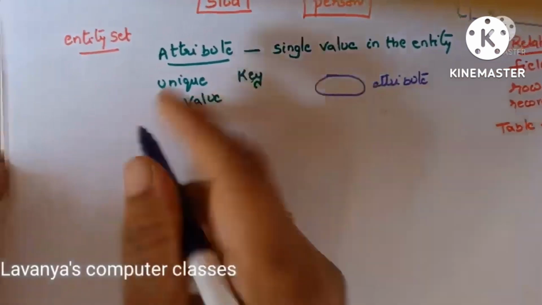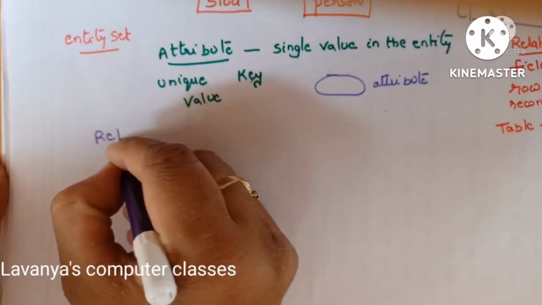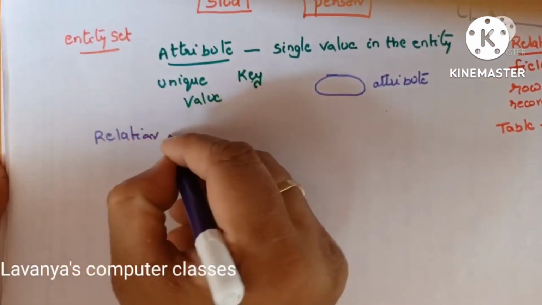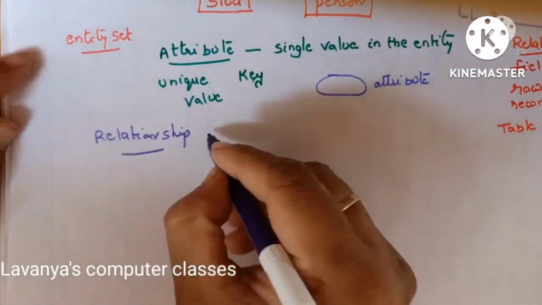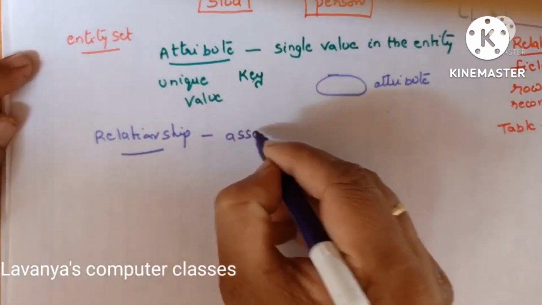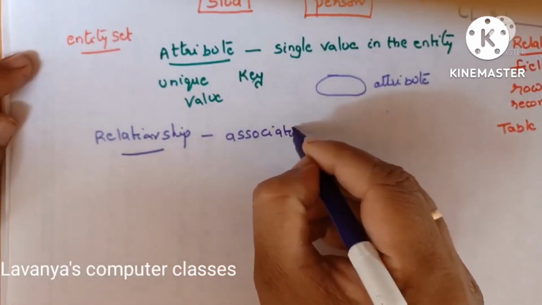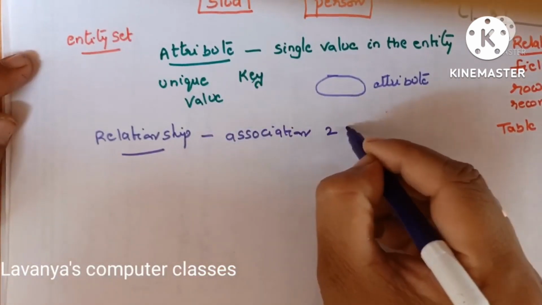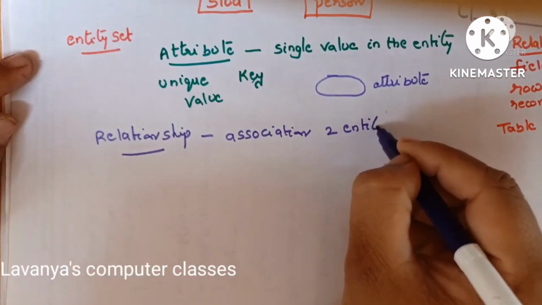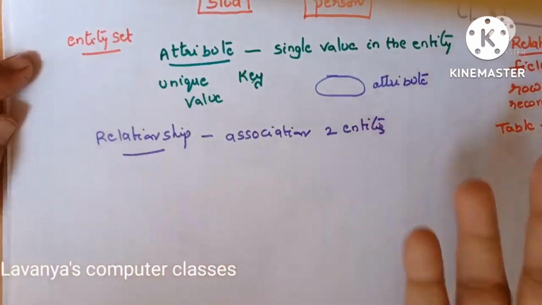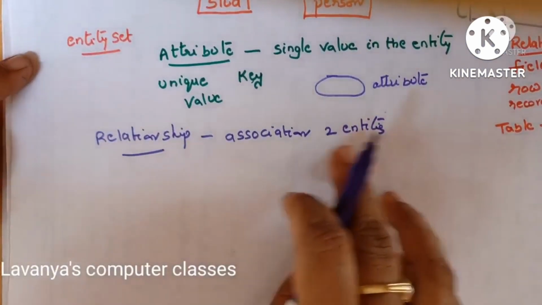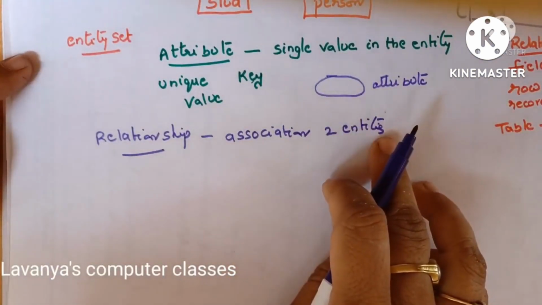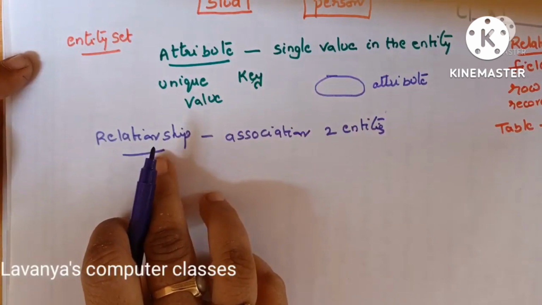Next one is relationship. What is a relationship? A relationship is known as an association between two entities, or between two entity sets. The association between two entity sets is called a relationship.